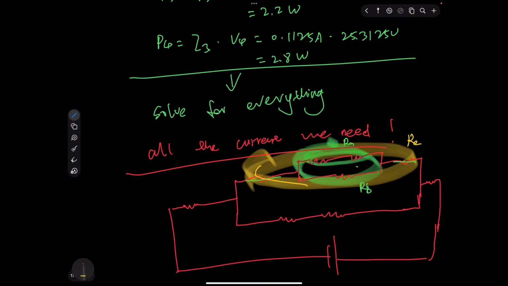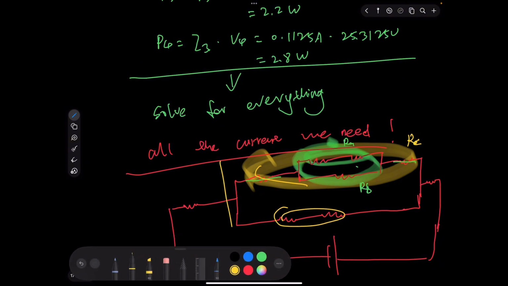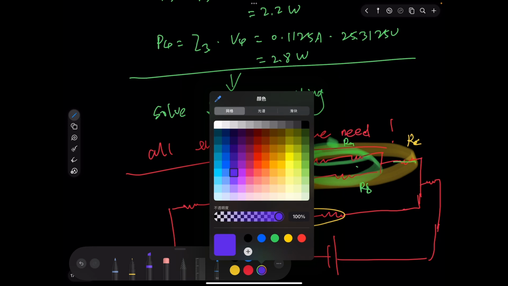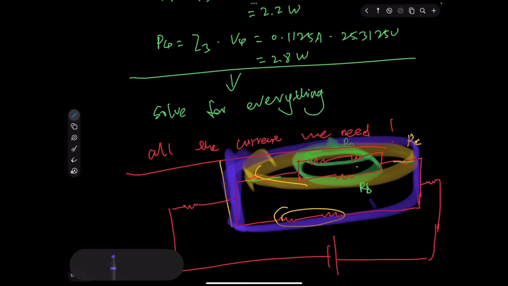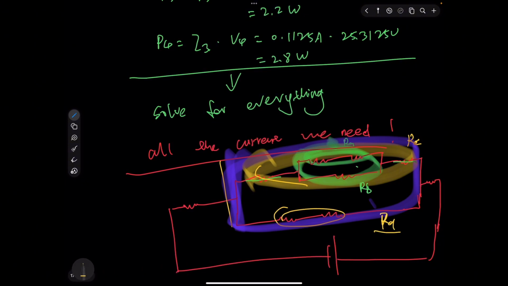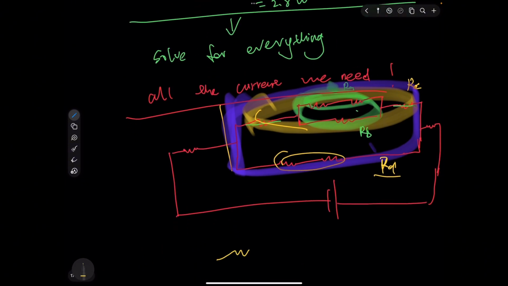Then we can do this together, or we can separate it. This is our RC. Then we can do the whole parallel part here. So the whole parallel part is this guy here. That's our RD. After we get RD, the circuit is simplified, just like this.